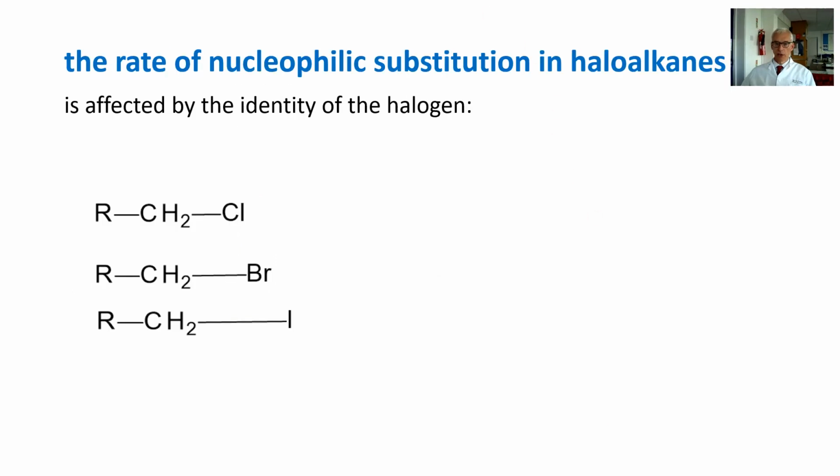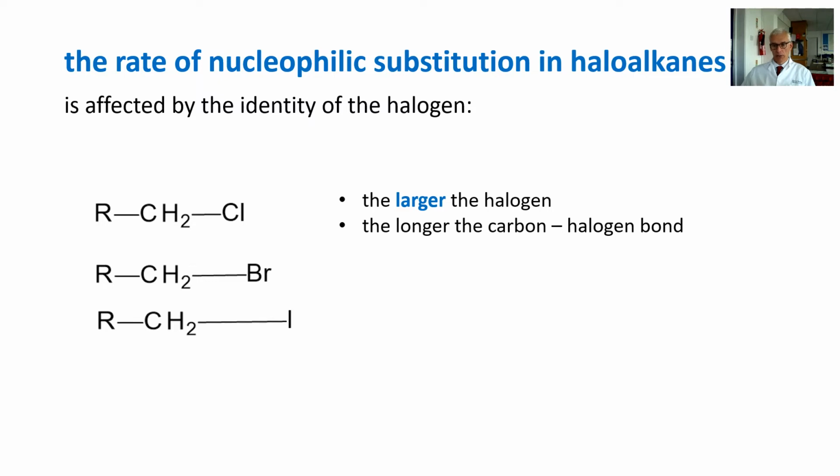So one aspect of nucleophilic substitution in the specification is the different rate at which the chloro, bromo and iodo alkanes react. A simple test tube experiment is described in the specification, but you are expected to reason. The reasoning starts with the idea that the larger the halogen, the longer the carbon-halogen bond.